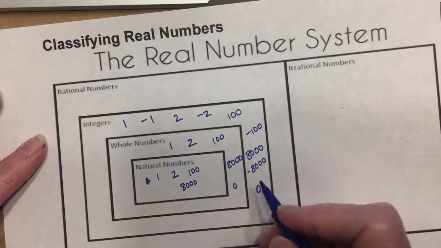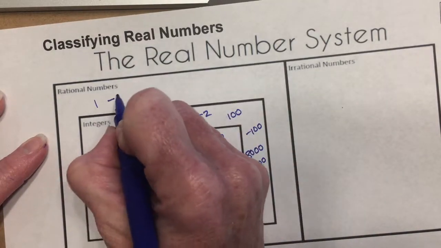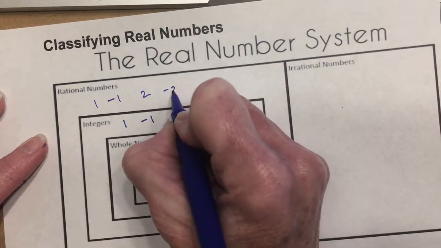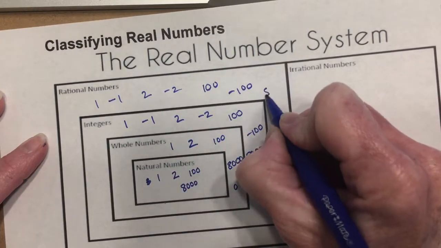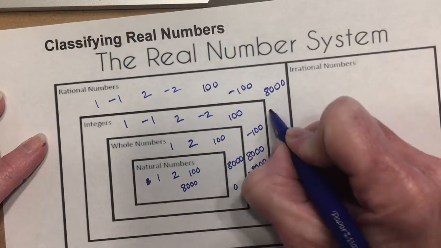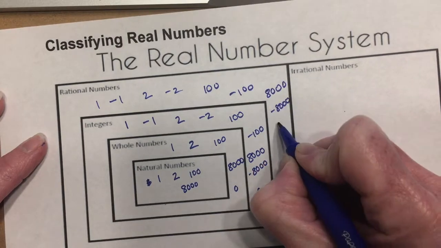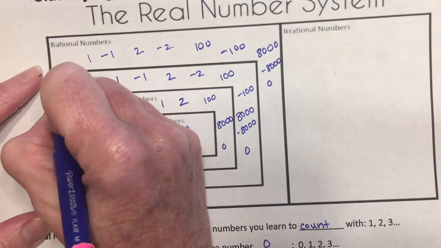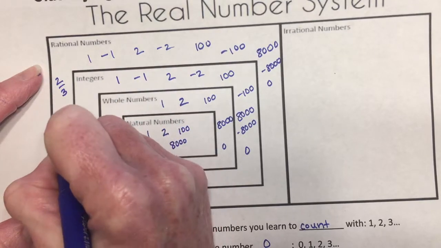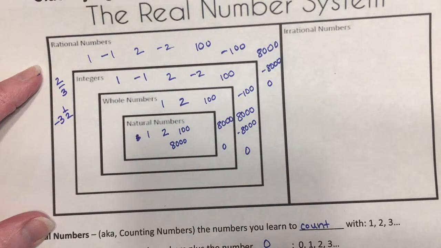Again, you're going to have all of these numbers you had before: the 1, the -1, the 2, the -2, the 100, the -100, 8,000, the -8,000, and 0. But you're also going to have your fractions, so 2/3, -3 1/2, all of those.